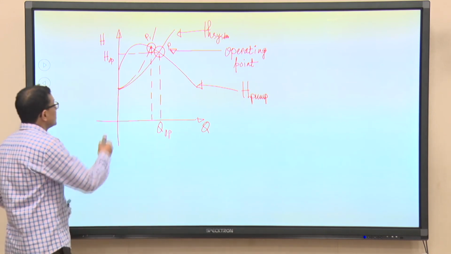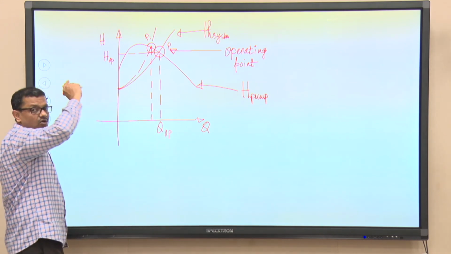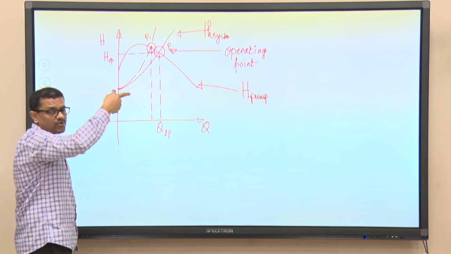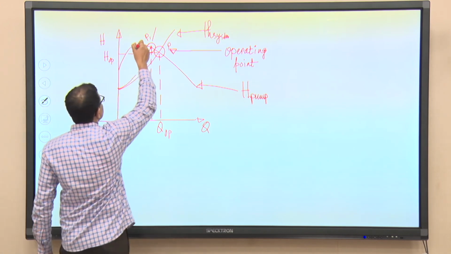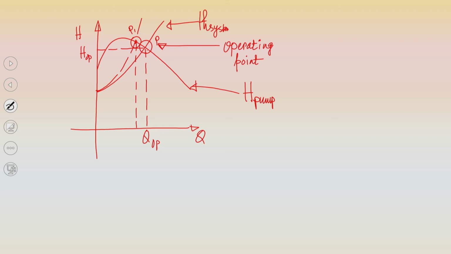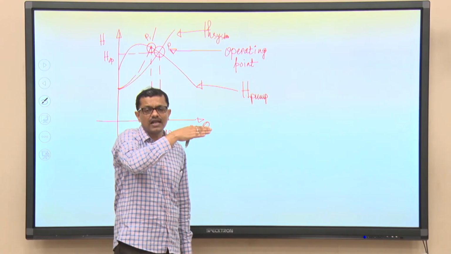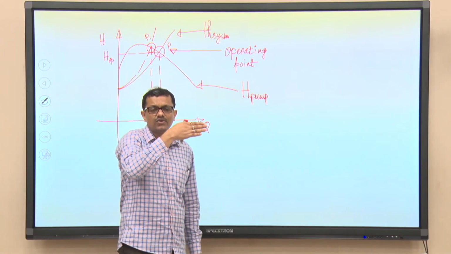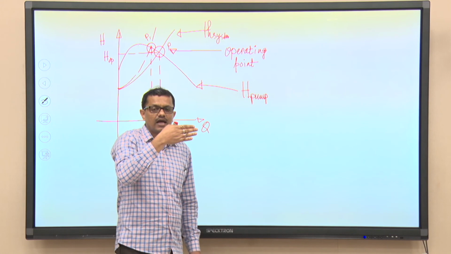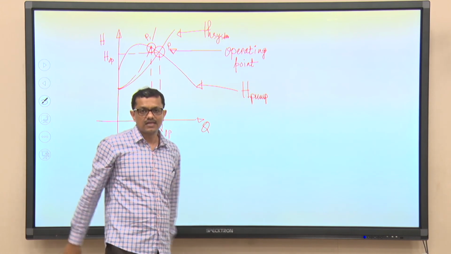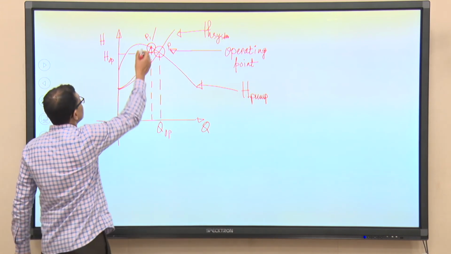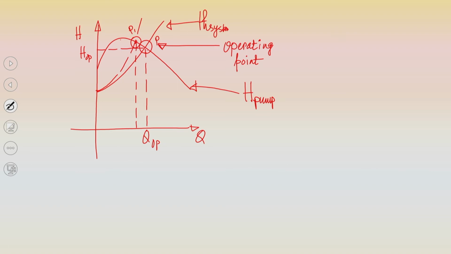So, if by any chance the operator closes the valve further, then you can see that again it will come to here, that is the maximum head. The pumping system is not an exception, we will always try to run at a relatively lesser system resistance. So, what will happen? The curve will now shift over here.